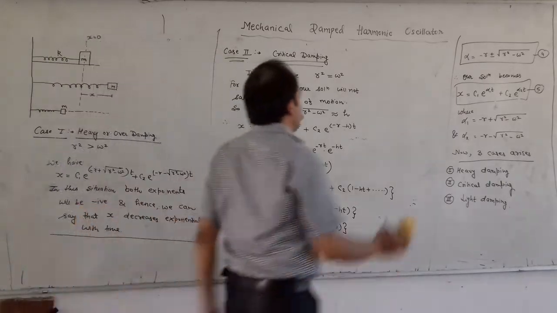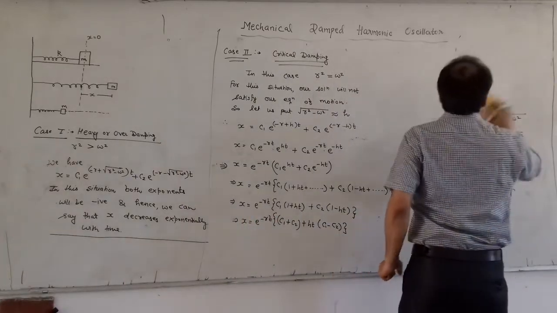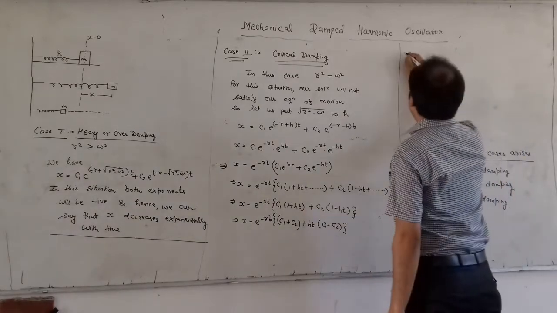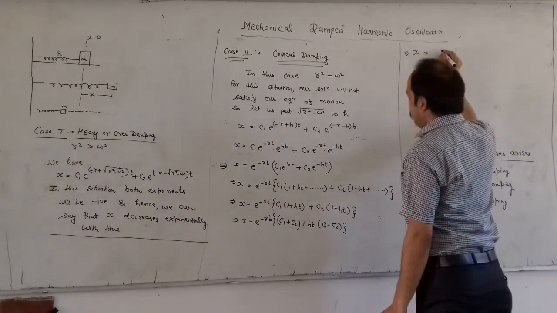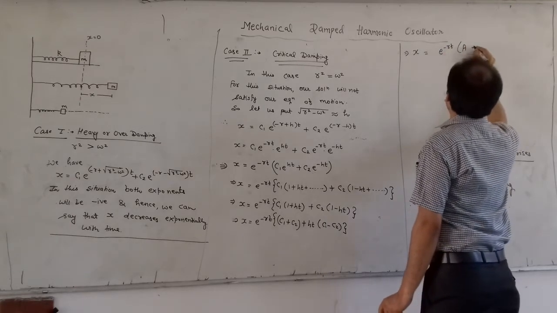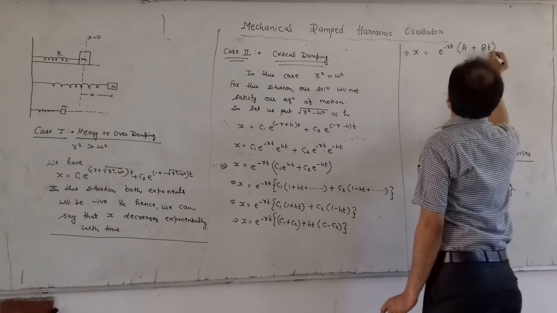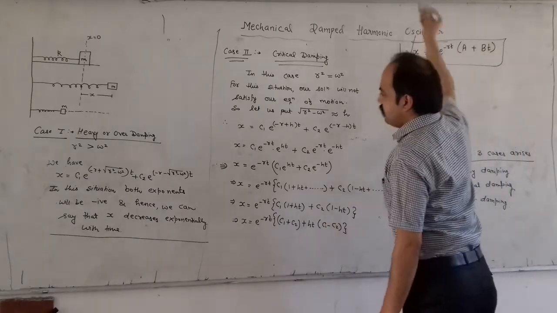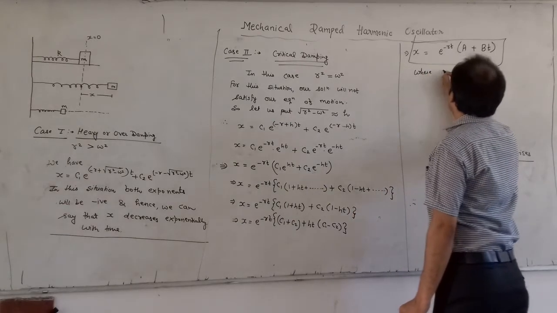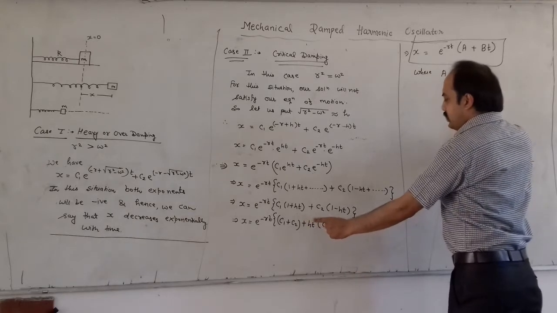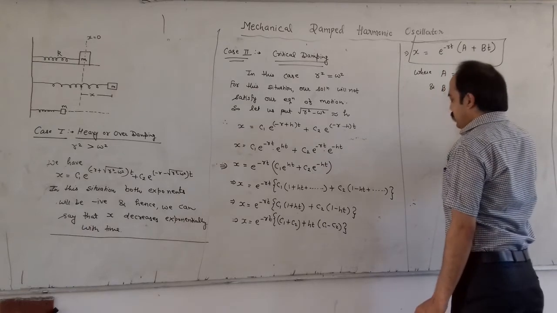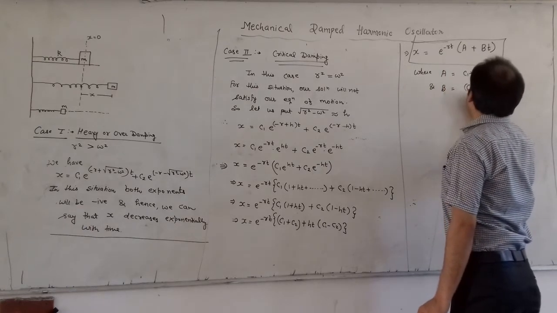Therefore our solution becomes x is equal to e to the power minus rt times a plus bt. This is our solution, right? We have taken a is equal to c1 plus c2 and b is equal to c1 minus c2 into h.